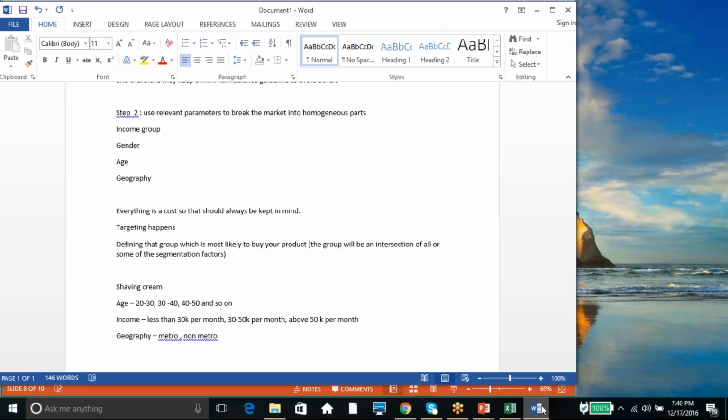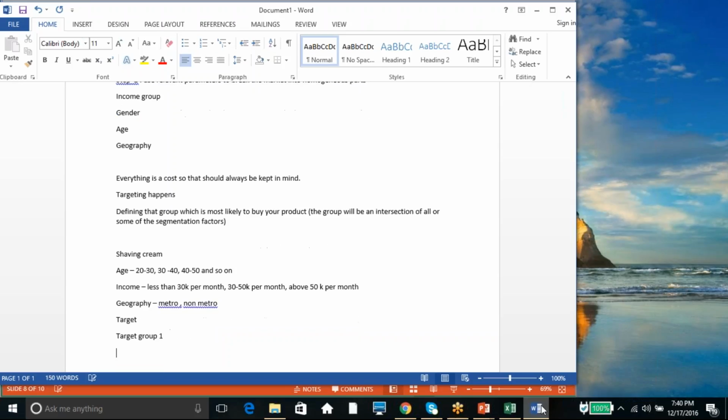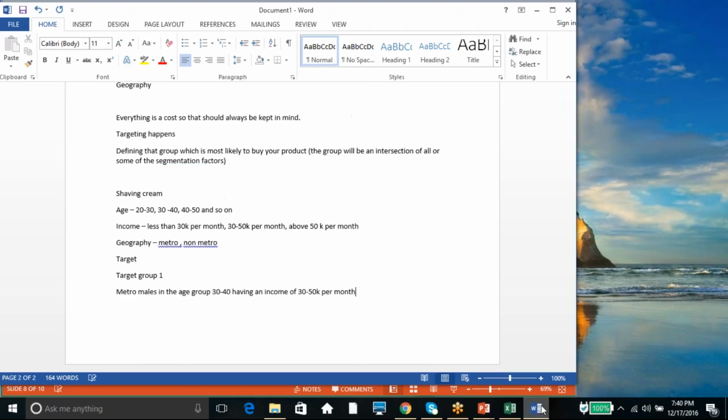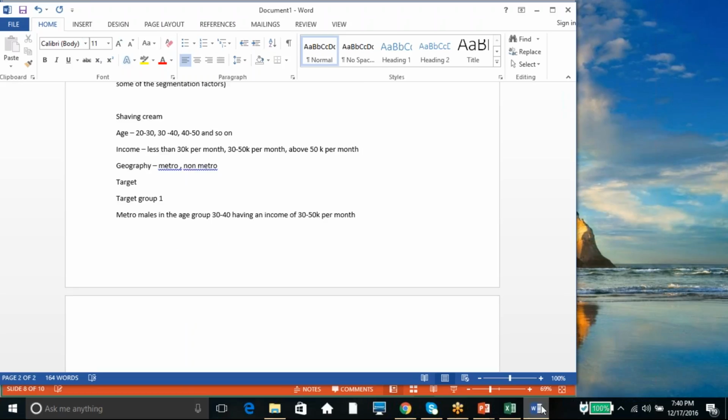Okay, so when we target, then we can have target group 1 is metro males in the age group 30 to 40 having an income of 30 to 50K per month. So this is how you start doing your target groups.